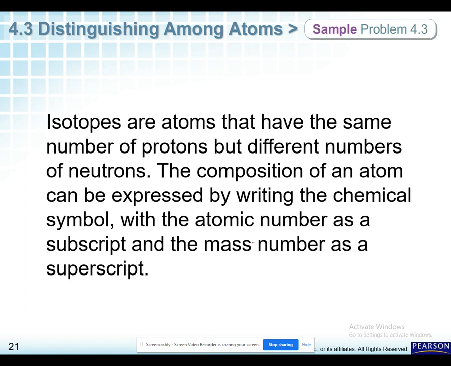So again, we had carbon, 12 and 6. This is your mass number, and this is your atomic number. So subscript is below, and superscript is on top.